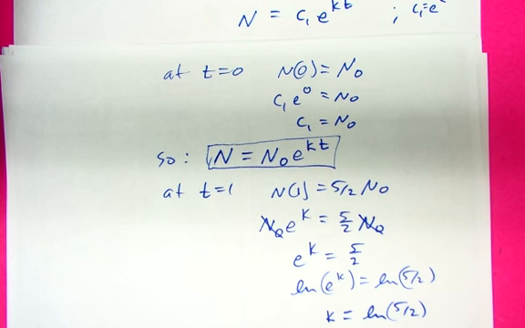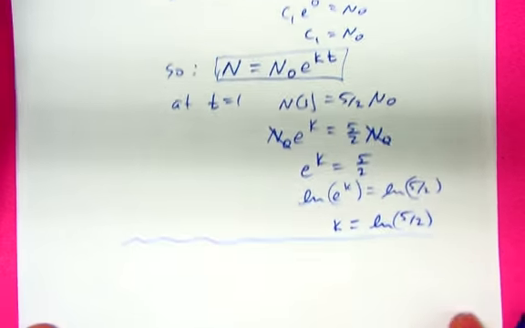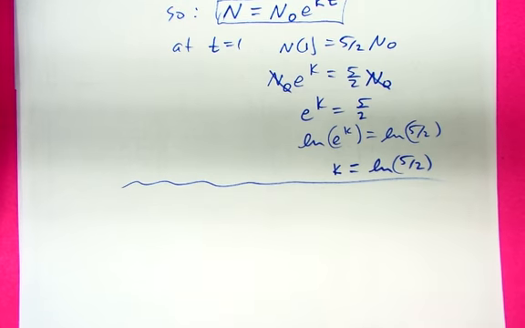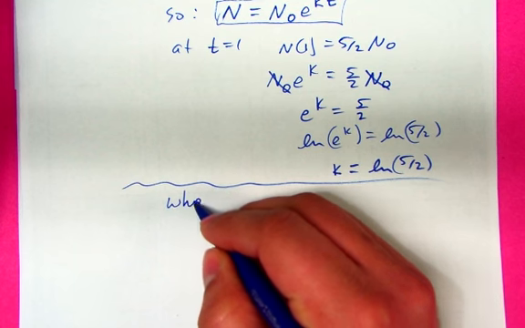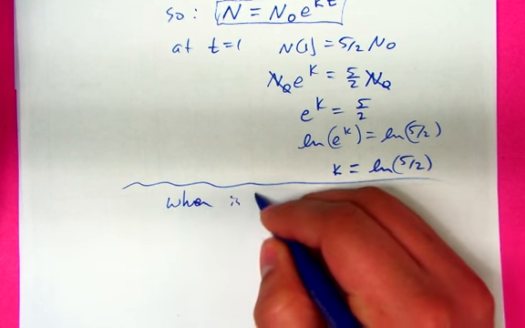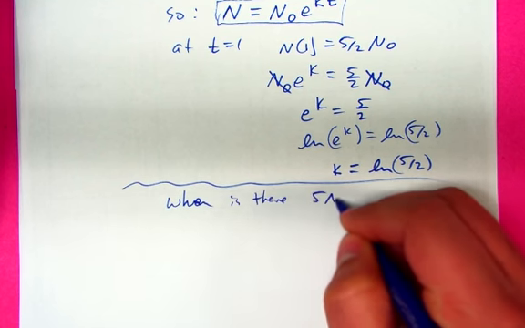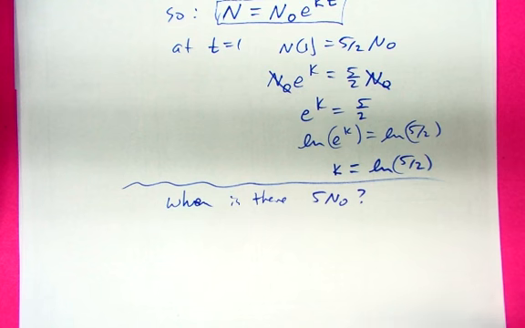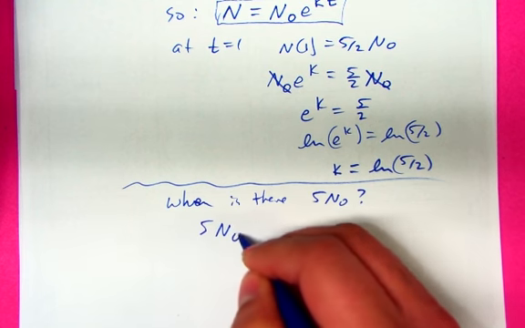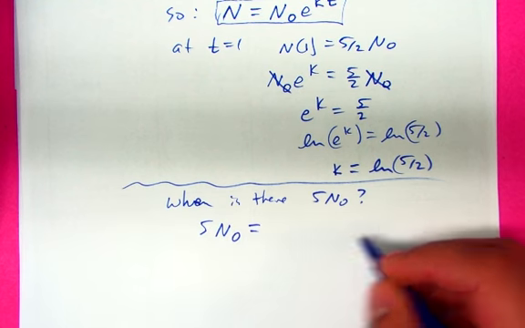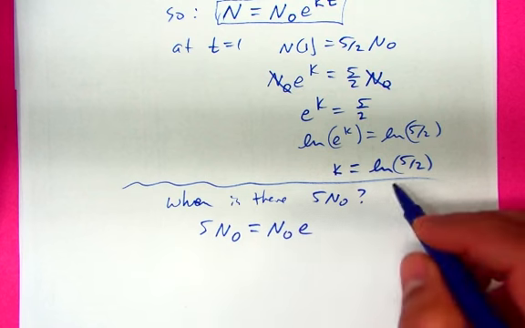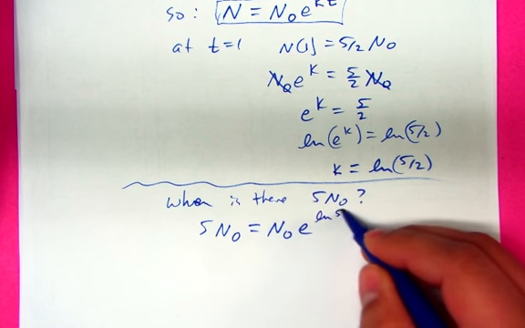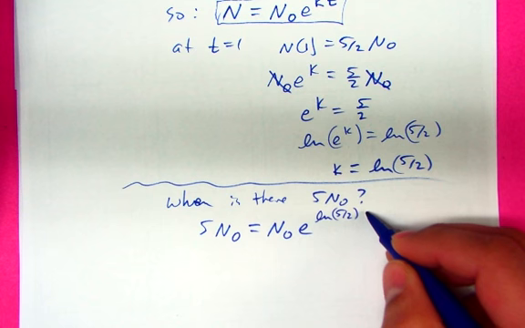All right, so once we have this, now we can solve. So what was the question? We wanted to know when there is 5 times N naught. So we said 5 times N naught equal to N naught e to the k t, which we now know is e to the natural log of 5 halves, t.